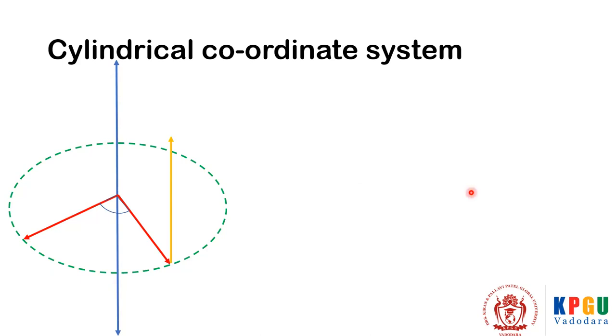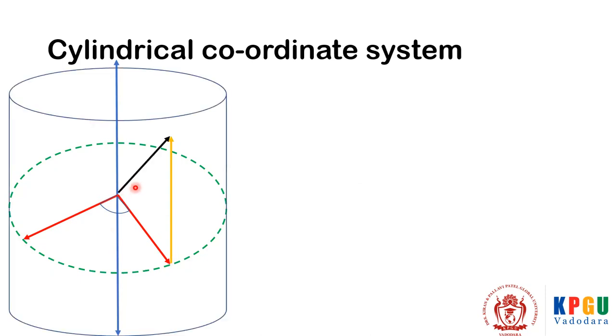So this is the x-axis, and the point is at an angle phi from it. This distance is rho, this angle is phi, and then vertically you go the distance, or height, of this point from the origin, which is z.